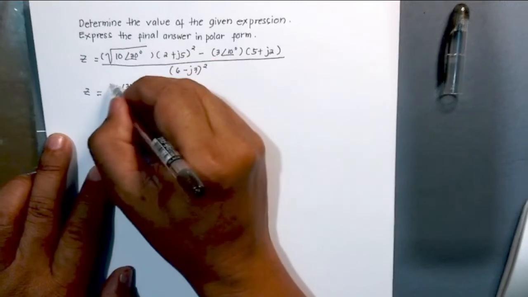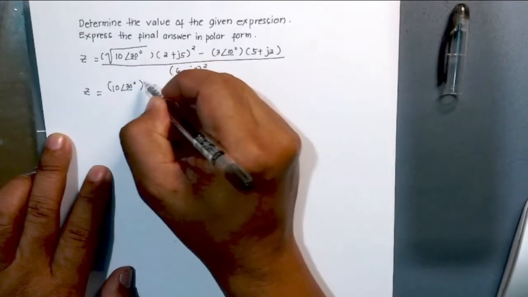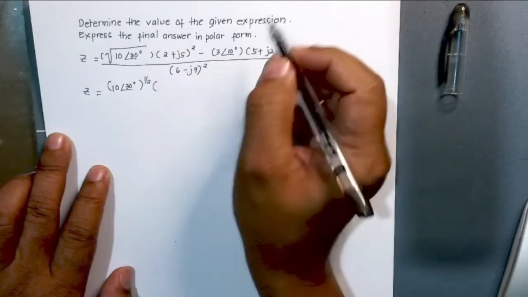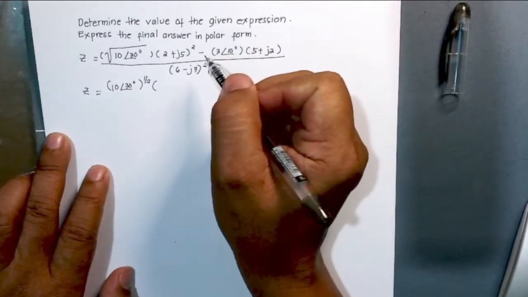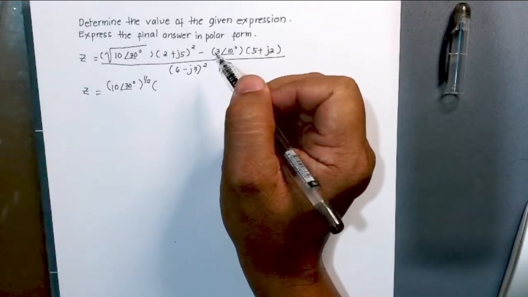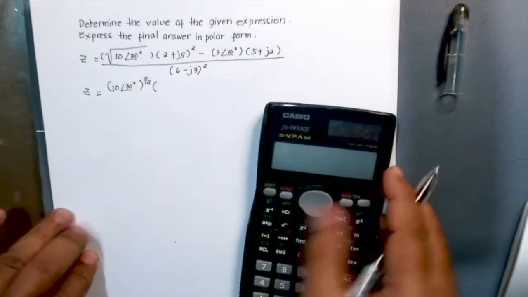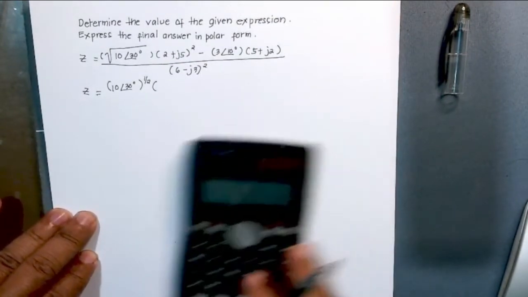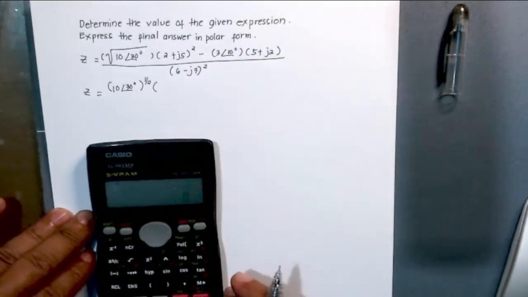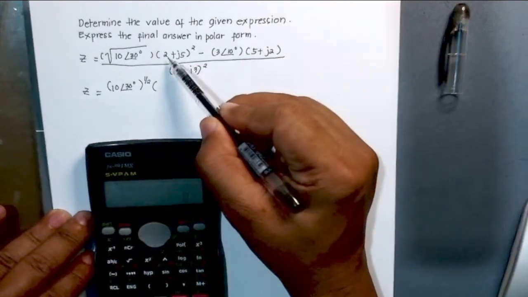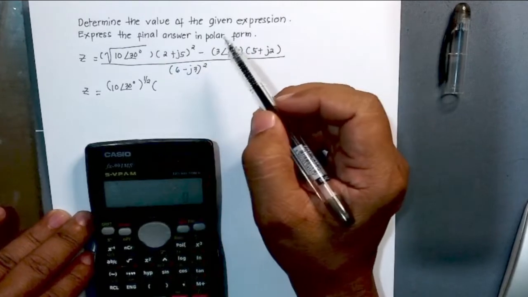Instead of using the radical symbol, you can use raised to 1/2. Okay, but since it is much easier for us to solve multiplication of terms when it is in polar form, we will try to change this rectangular to polar.